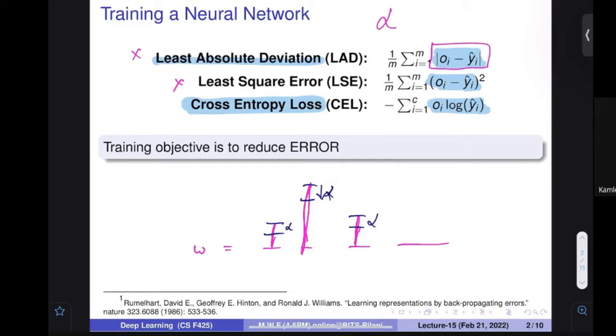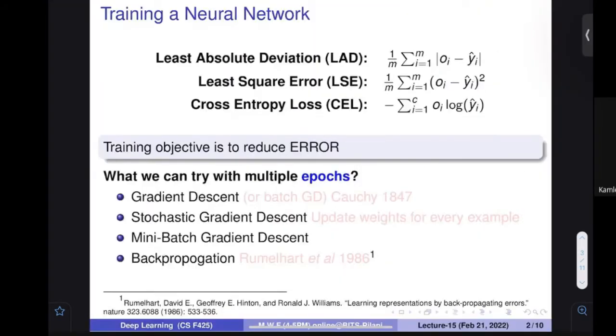So ultimately our objective would be to reduce the error. Let's assume that we are into this formulation. We want to reduce the error. So how can you reduce the error? The first thing that comes to anybody's mind is that we are going to use gradient descent. It is not a new technique, a very old technique: you find the gradient and do the same thing. It came into existence around 1947 by Cauchy.